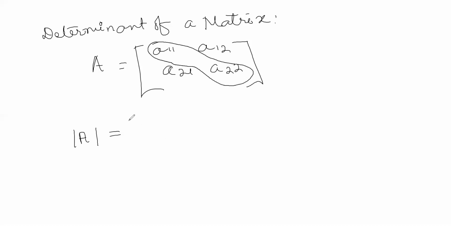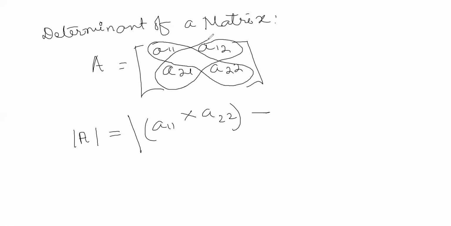So that is basically A11 into A22 minus the product of the elements of the off principal diagonal, which is A12 into A21.